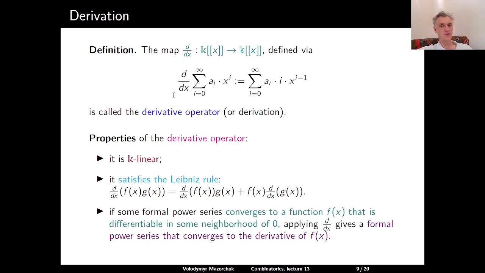Moreover, if some formal power series converges to some nice function, and nice means that it is differentiable in some neighborhood of 0, then applying the derivative gives a formal power series that converges to the derivative of our function. So this allows us to use some analytic methods when working with sequences of complex numbers or even with integers, which is a discrete set, and then how do you apply analytic methods? But we can use generating functions to do that.